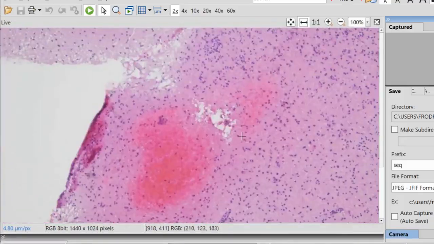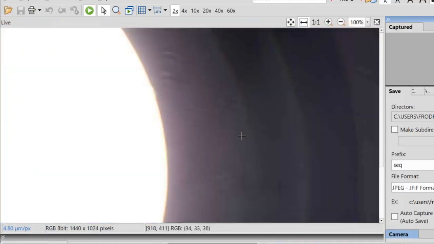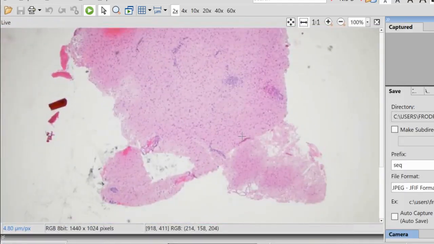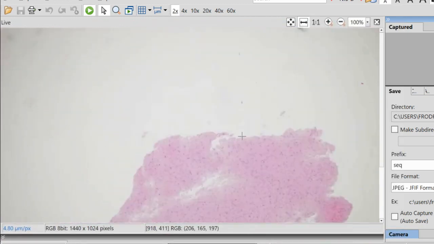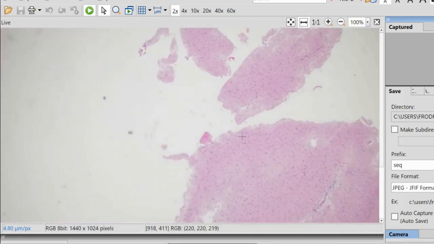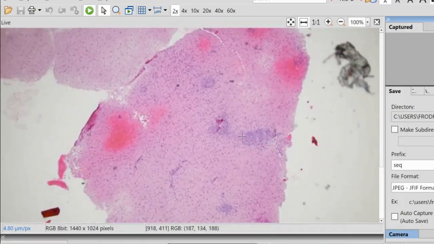Okay, so you are seeing again some patches. Then you see an infiltrate again, small biopsies. Many of these are small biopsies. And here are some of the areas.